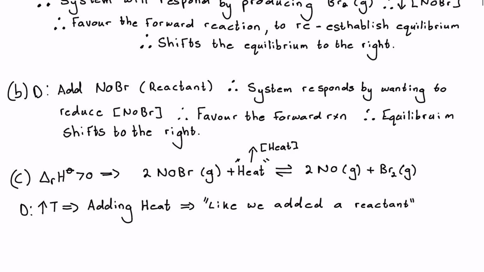So this means the forward reaction is favored. And if the forward reaction is favored, that means our equilibrium shifts to the right.